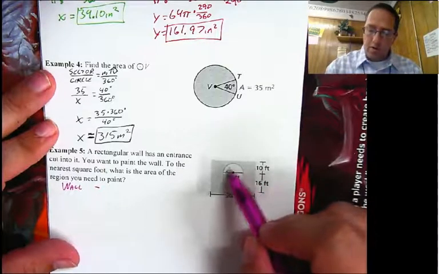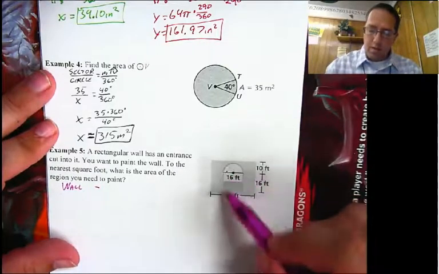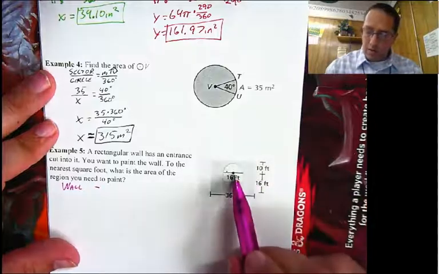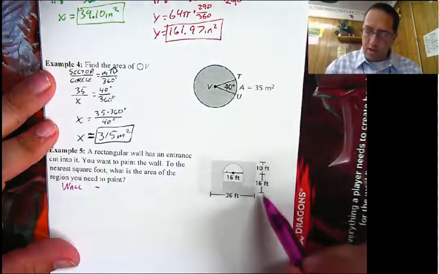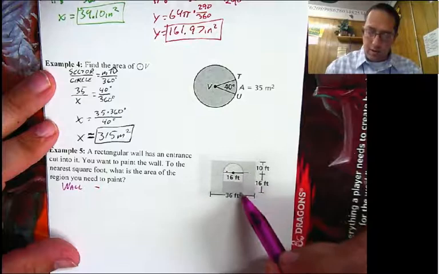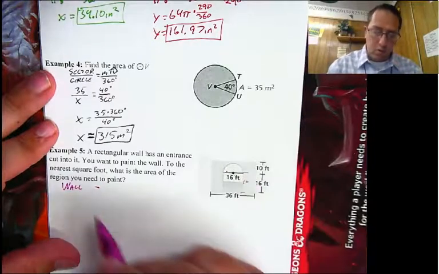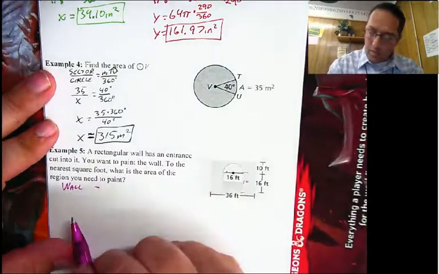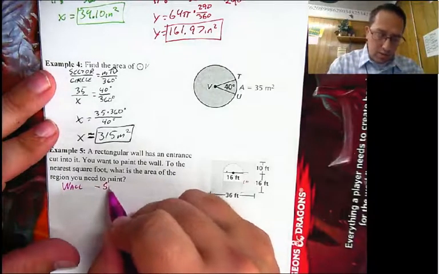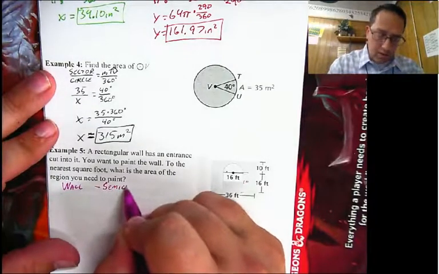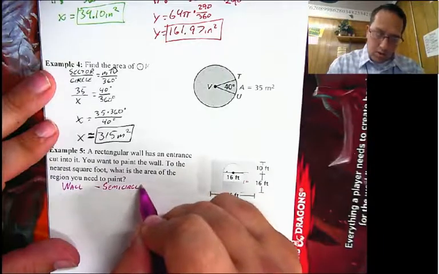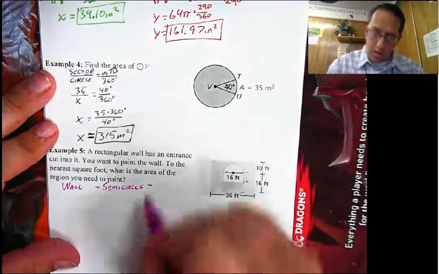What we're going to do is the area of first the semicircle followed by this part here, which, let's see, that is 16 feet wide, and this is 16 feet tall, so right there is 16. So that's going to be a square, because it's the same size. Okay, so semicircle, and we're also going to subtract out the square.